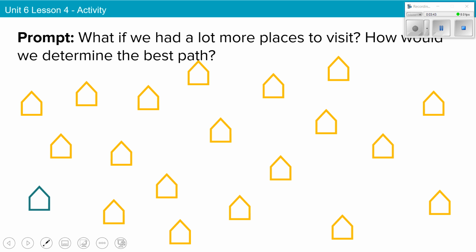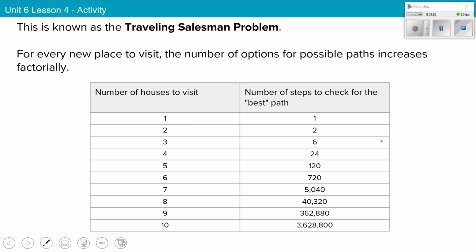So what happens now if we have a lot more places? How would we determine the best path? This is what's called the traveling salesman problem. For every new place you visit, the number of options for possible paths increases factorially. Remember, factorially means I'm taking an integer times every integer smaller than it.